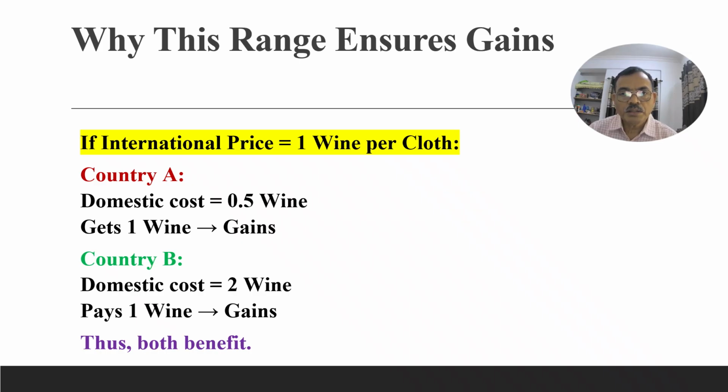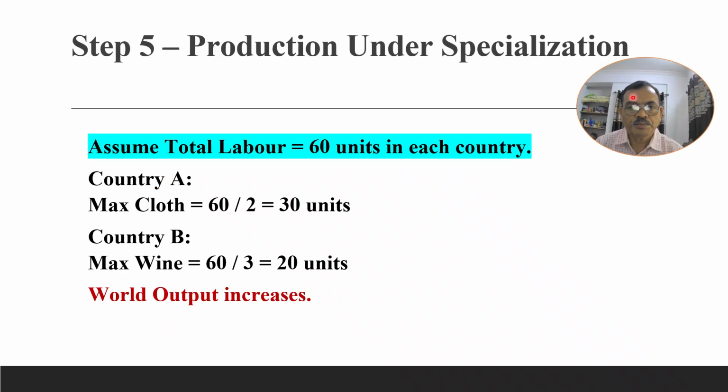Now let us examine production under specialization. Under trade, country A devotes all labor to cloth and country B devotes all labor to wine. Let us suppose total labor equal to 60 units in each country.